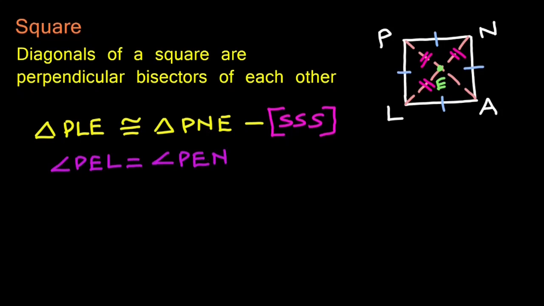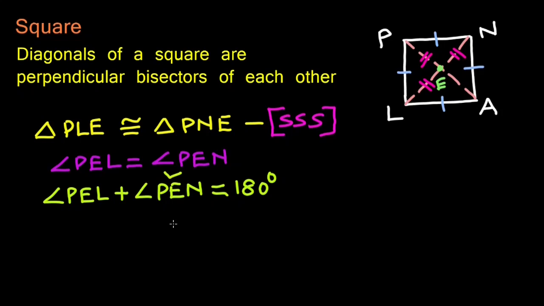But these angles are linear pair angles, so they will be supplementary. So we write angle PEL plus angle PEN equals 180 degrees. Since angle PEL equals PEN, in place of PEN, we will write PEL. So we write angle PEL plus angle PEL equals 180 degrees.